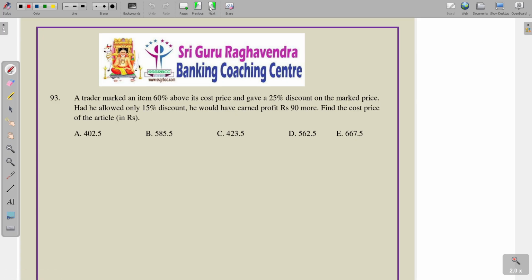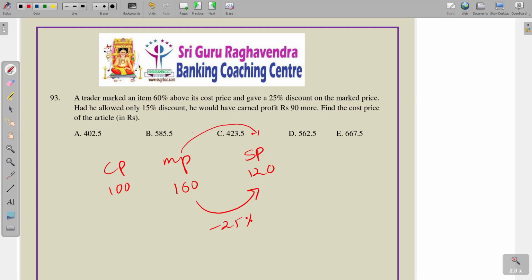Next question. A trader marks an item 60% above the cost price. If the cost price is 100, the marked price is 160, and he gives a 25% discount, so the selling price is 120. On the marked price, only a 15% discount is allowed. If it is a 15% discount, it is 136.